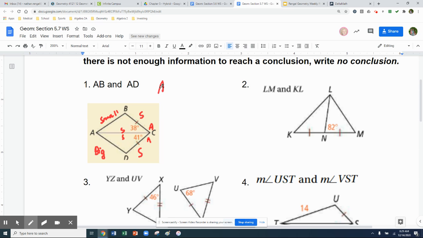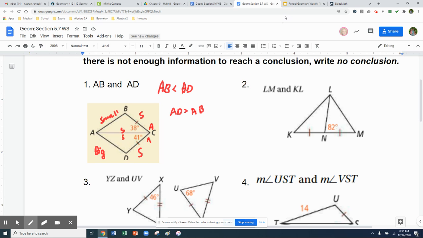So how to write an inequality? I'm going to say that AB is less than AD, or if you wanted to, you could say AD is greater than AB. So if both triangles are in that SAS where that angle in between is different, that angle determines that third side. So you can tell which side is going to be bigger based on that angle.